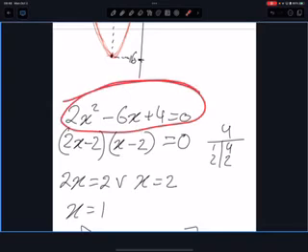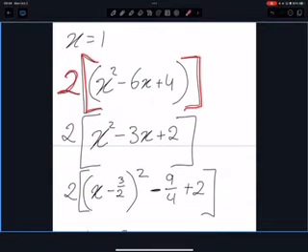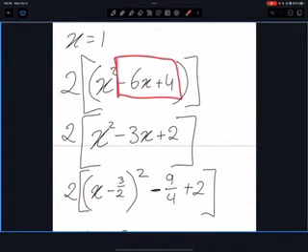Got it. Completing the square with a number greater than 1. First step, take the number outside. Yes, there it is. And then I divide everything inside by 2. There it is.